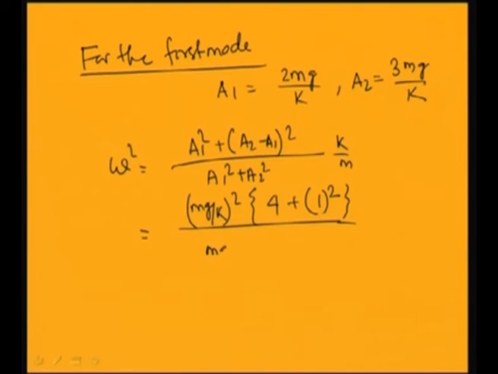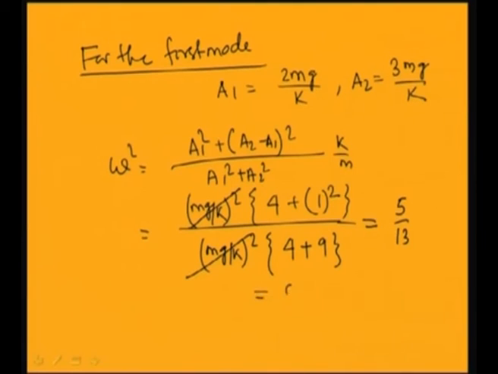And below it is a1 square, that is (mg by k) whole square into, for a1 square I can write 4 plus a2 square, which is 9. In this way I can cancel these two terms. So this becomes 5 by 13, which gives a value of 0.384.